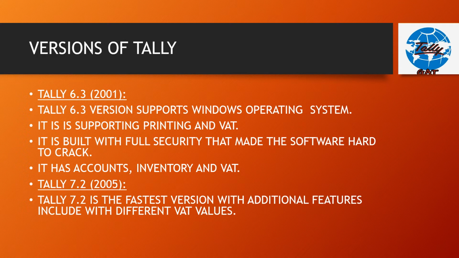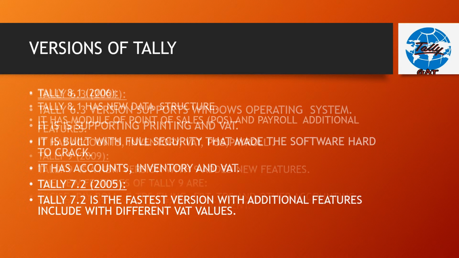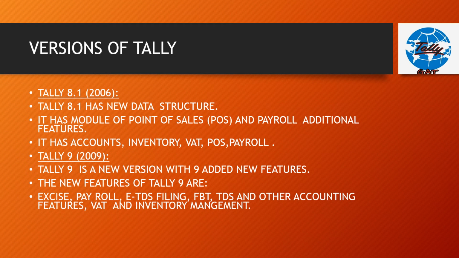The next version of Tally is 7.2. Tally 7.2 was introduced in the year 2005. Tally 7.2 is the fastest version with additional features including different VAT values. Tally 8.1 is a new version after Tally 7.2.